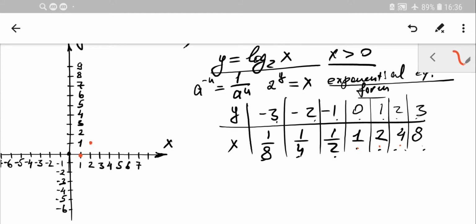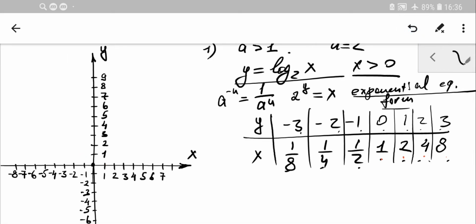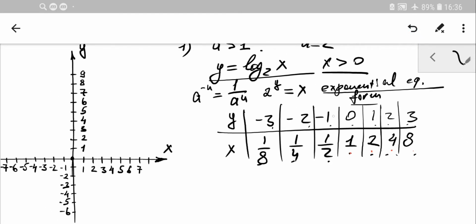Actually, we need to do it one more time. Let's check it. I messed up a little bit. Okay, so one more time. When x is 1, y is 0, yes, that was correct.